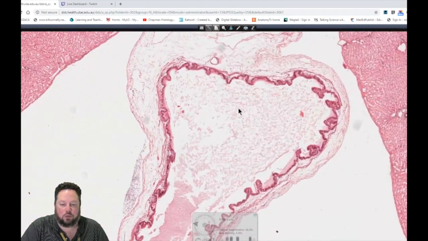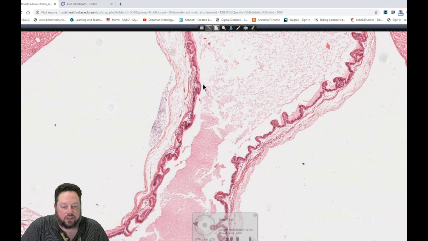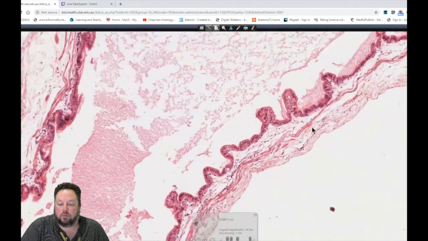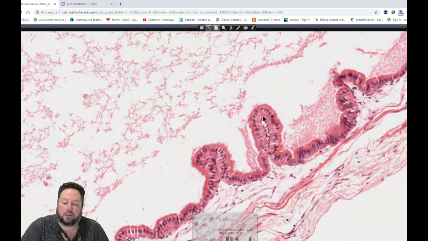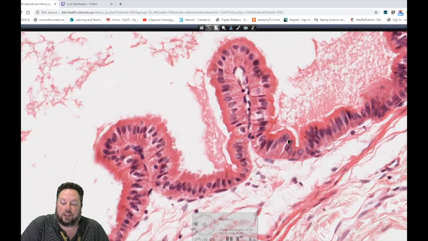so this here is the gallbladder. It's very thin-walled here, but it's characterized by having these projections here and a simple columnar type of epithelial lining. Now, the gallbladder, of course, is responsible for absorption of water and concentration of bile. So often when these cells are actively absorbing the water, we end up with these spaces in the lateral sides of the cells.